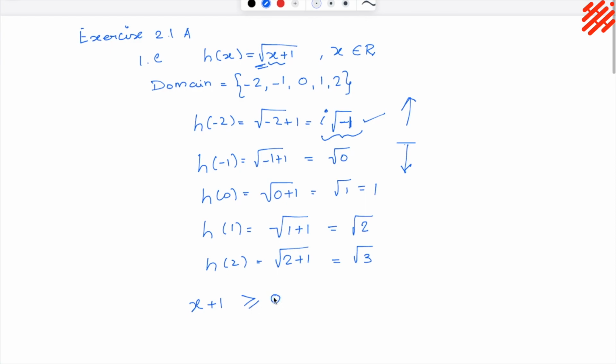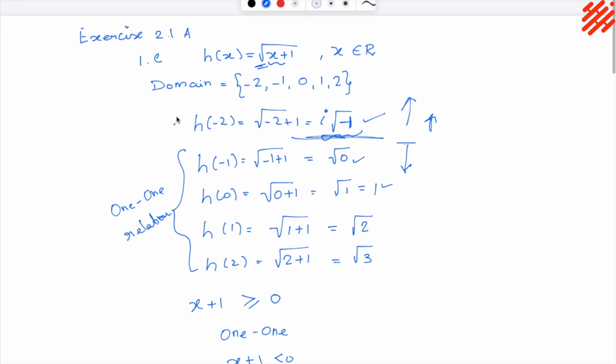As long as the term is greater than or equal to 0, then there exists a one-to-one relation. From here and above, x plus 1 is greater than or equal to 0, and this is called a one-to-one relation.